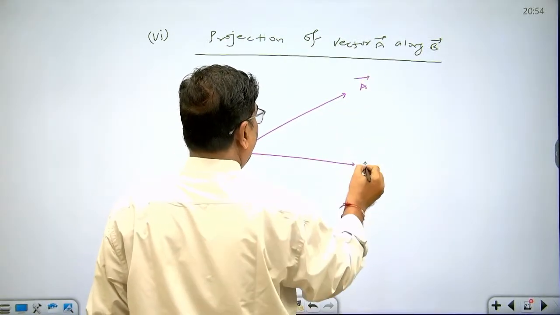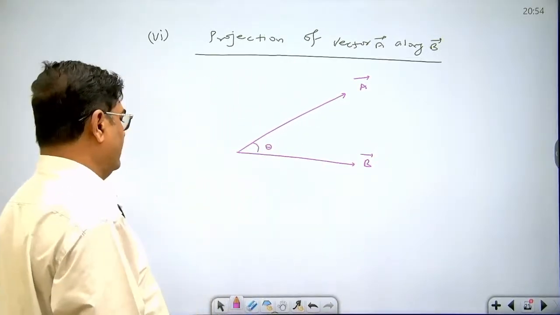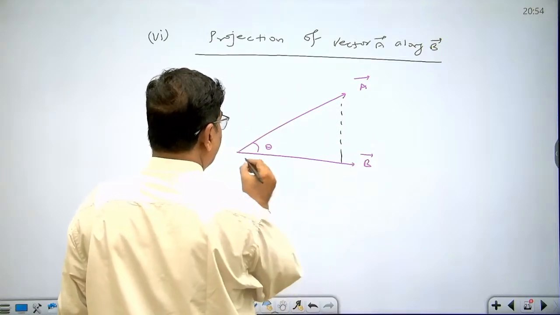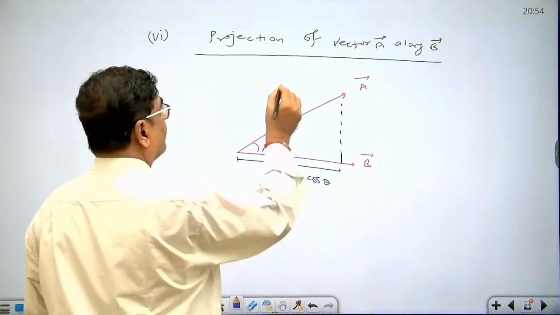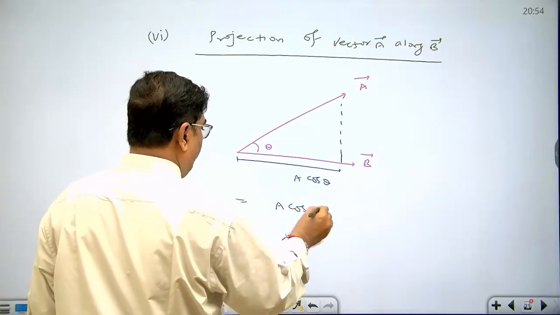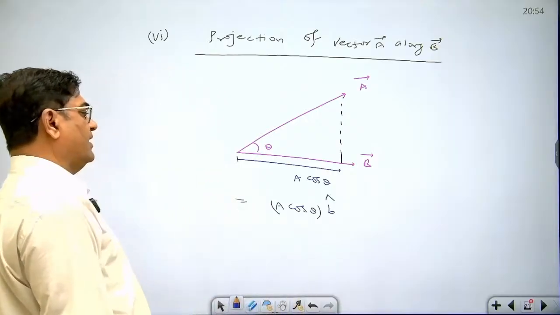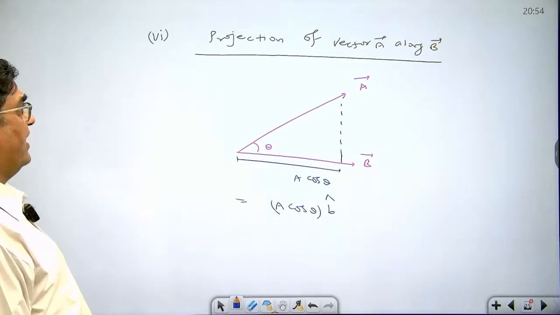Let us assume the angle between the two vectors is theta. So the component of vector A along vector B is A cos theta. The projection of vector A along vector B is the component of vector A along vector B multiplied by the unit vector in the direction of vector B. Okay, this is the projection of vector A along vector B.